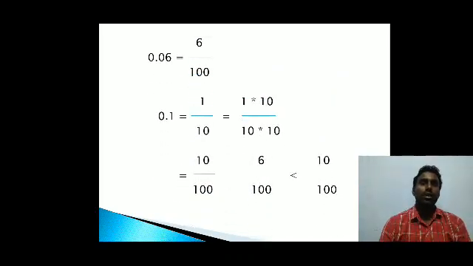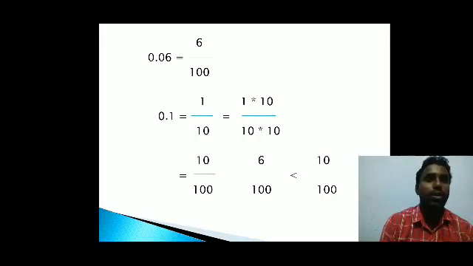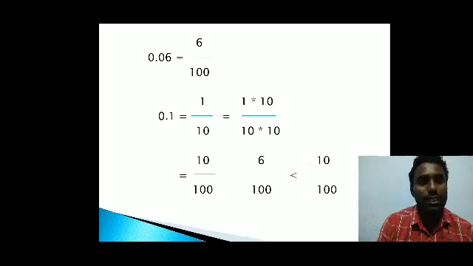The first one, 0.06, can be written as 6 divided by 100. Why? Because after the decimal point there are totally two digits, 0 and 6. Two digits means two zeros in the denominator, which is 100.